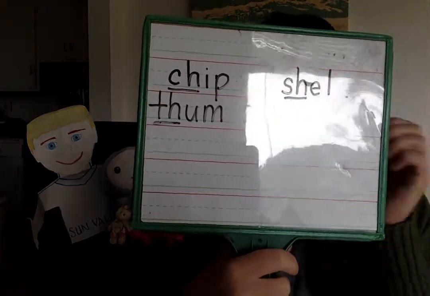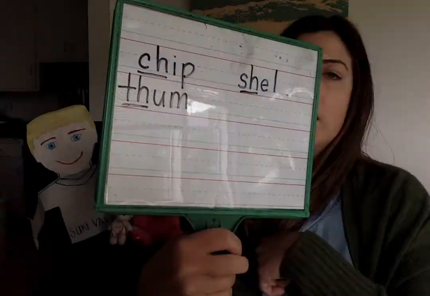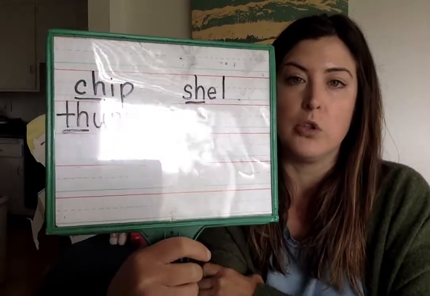All right, we have 2 more, and then the last part we'll do a sentence that has one of these kinds of words in it. So the next word that I want you to write is shop. Say shop. Let's sound shop. Shop.